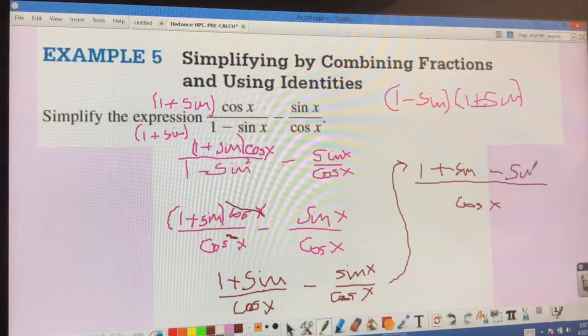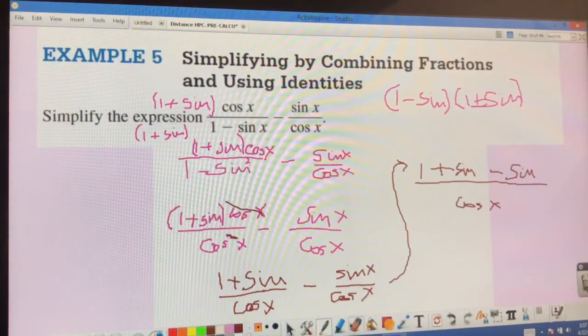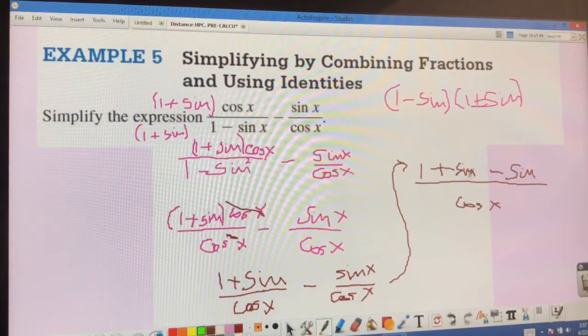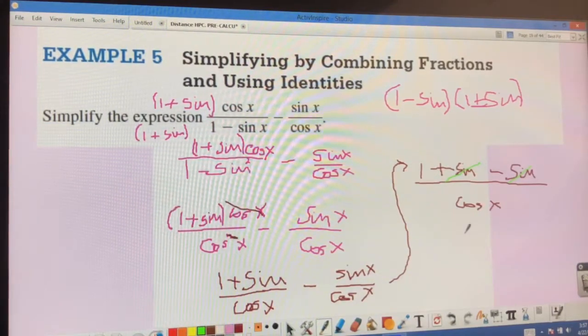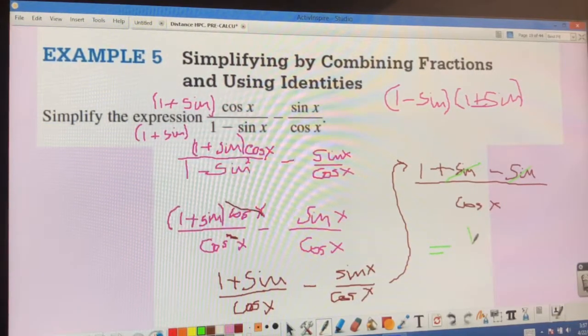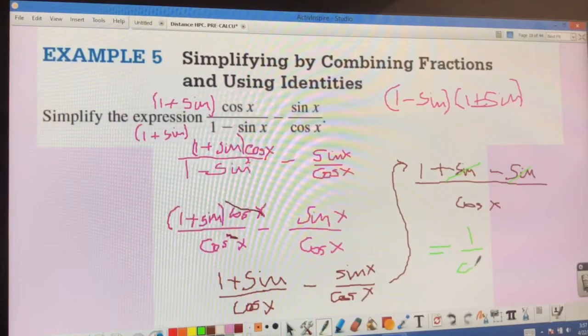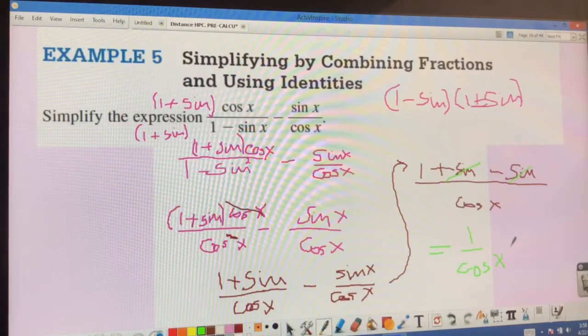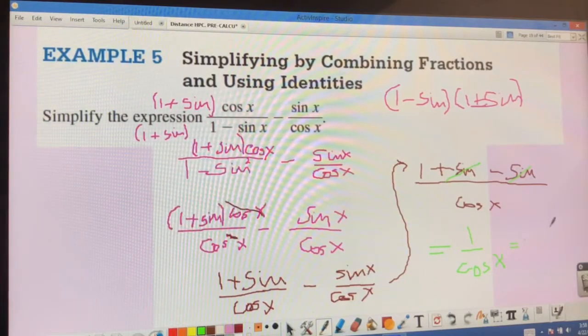Just draw it in one line or one fraction. Then obviously you can subtract these two parts on the top here. So sine of x minus sine of x is 0. So that whole thing turns out to be 1 over cosine of x. Okay. Now if you remember, 1 over cosine of x, that is secant of x.